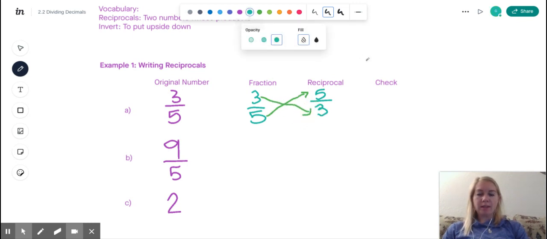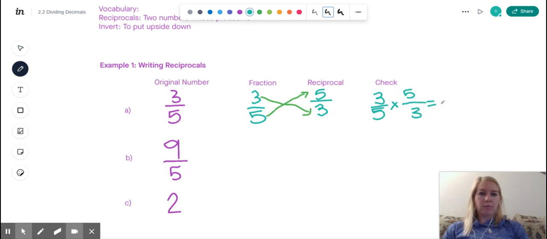Then to check and see if this is correct, we are going to multiply them together, and the product should be 1. Our original fraction was 3/5, and I'm going to multiply that by our reciprocal, which is 5/3.